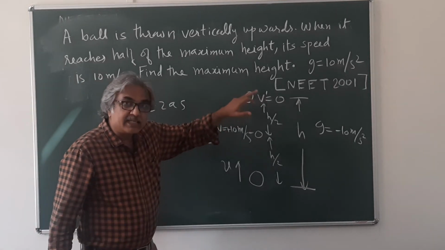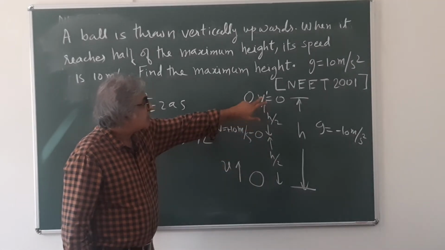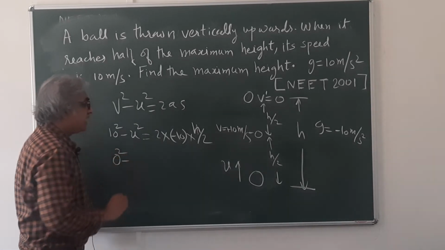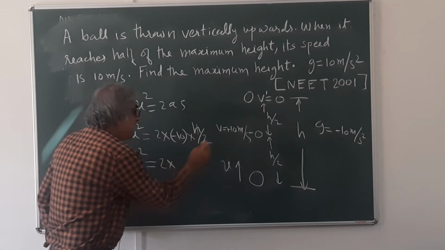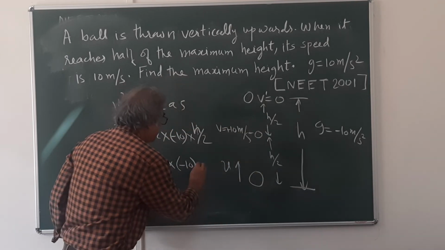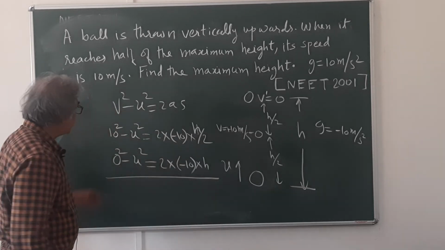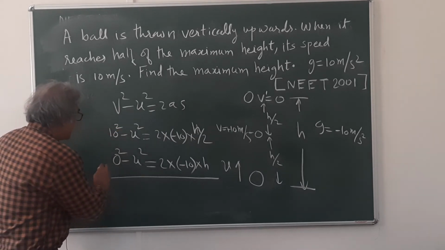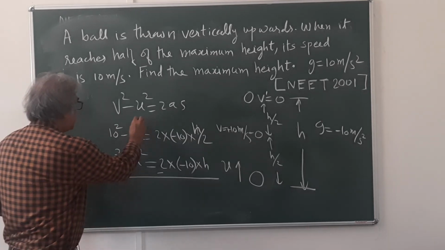Now apply the same equation and consider this point and this point. Here velocity is 0, so I'll write v square, final velocity 0, minus u square, equal to 2 into a, which is minus 10, and now this is the total displacement h. So we have these 2 equations. Now what you can do is subtract one from the other, so you change the signs, and the u square gets cancelled.